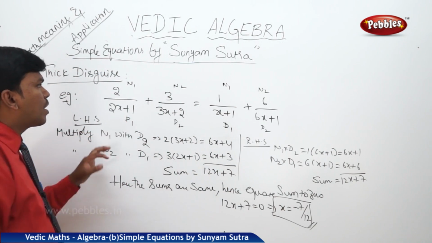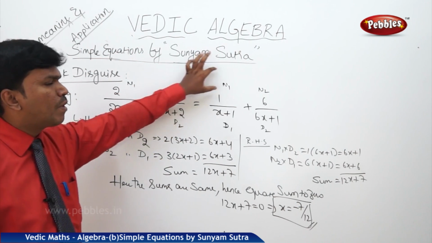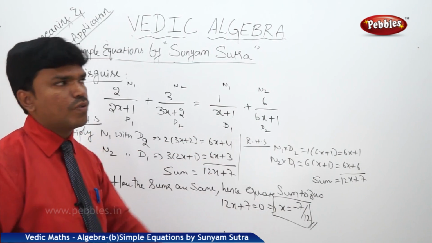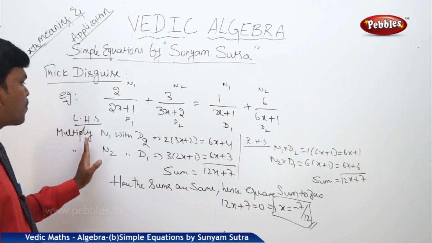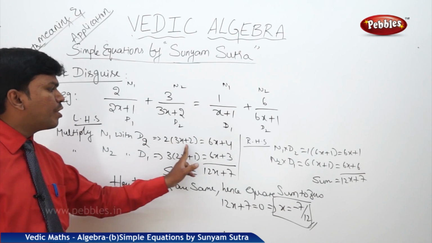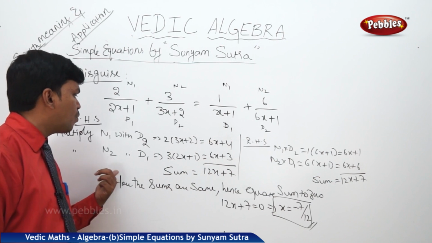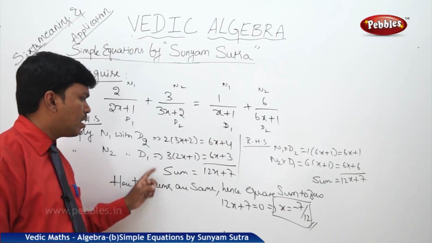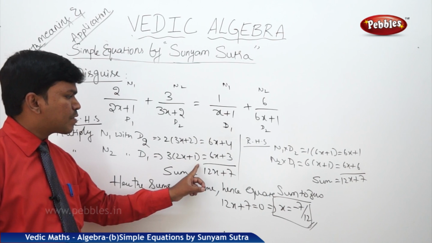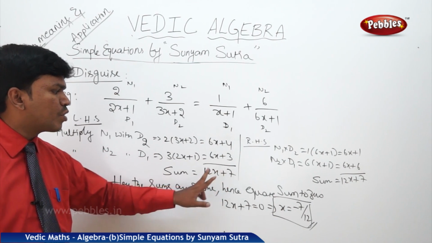Multiply n1 with d2, that is numerator 1 with denominator 2. 2 into 3x plus 2, how much will you get? 6x plus 4. Similarly, numerator 2 with denominator 1, 3 into 2x plus 1, that equals 6x plus 3. So what is the sum? 12x plus 7.